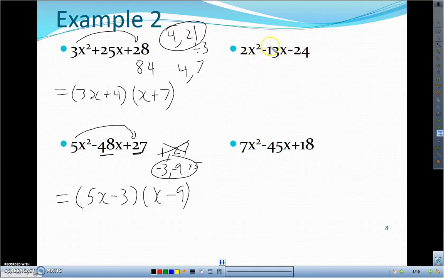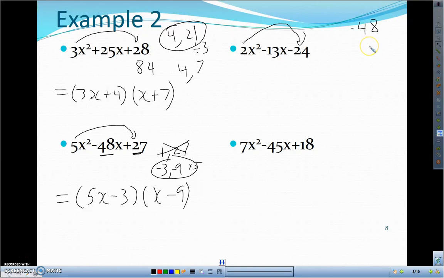Now that you've had a chance to try and do them, I'm going to show you how you could end up solving them. 2 times 24 is 48. You're looking for two numbers which will multiply to minus 48 and add to minus 13. I initially think that it's 6 and 8, but that doesn't work out. Let's see here, what else would work? 2 and 24?